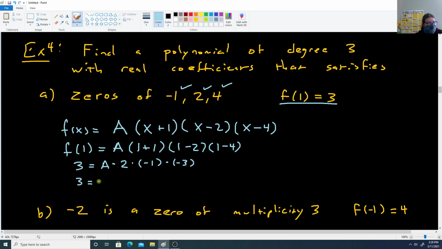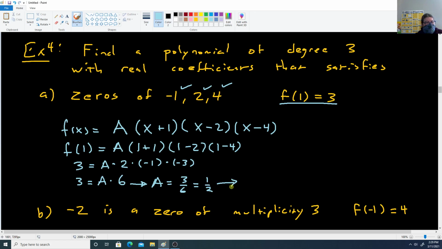This says 3 equals a times 6. If I divide the 6 across, 3/6 reduces down to 1/2. So we got our a value as 1/2.